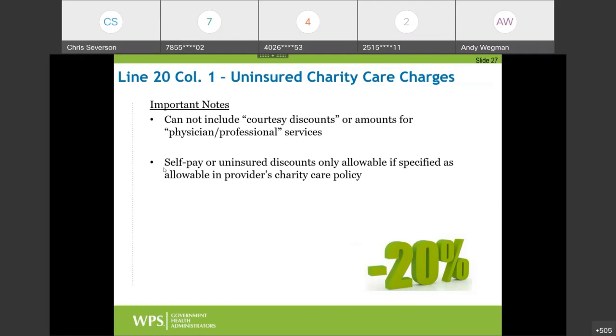The self-pay or uninsured discount is allowable as long as your policy allows it, but it's important to understand this is not an early pay discount. If you give some sort of discount if they pay their bill off within 10 days or 20 days, that's not allowable. Only the truly uninsured or self-pay discount would be allowable, and it has to be in your policy.